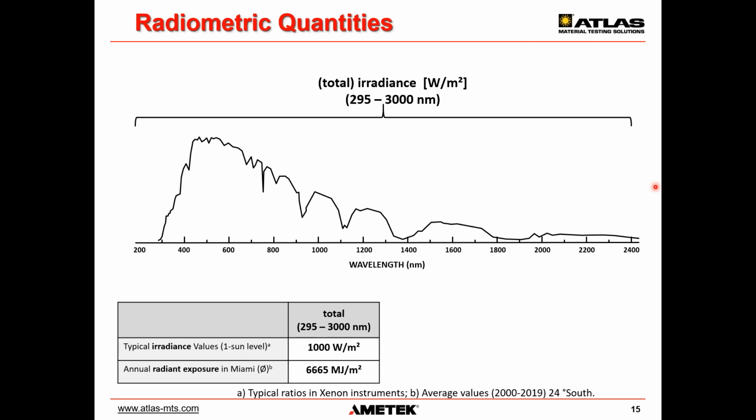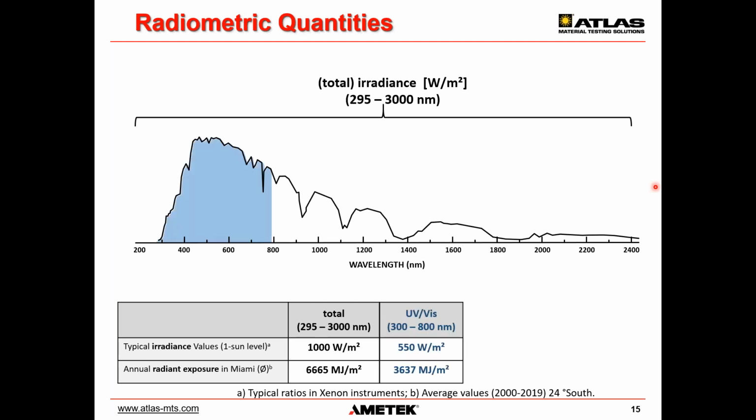The reference sun is a little bit higher, but it's a typical maximum value we consider as one sun level. And for example, the annual radiant exposure in Miami, so the full amount of radiant solar energy delivered on a surface in Miami, is about 6.7 gigajoules per square meter, if you look at the full range.